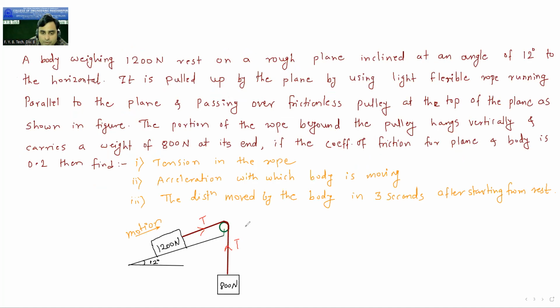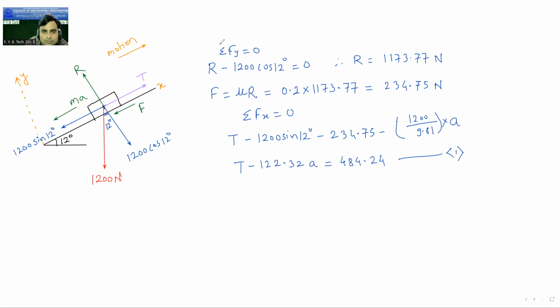Now consider the free body diagram of this 800 Newton block. Now the 800 Newton block I will draw. Here it is, the 800 Newton block. The center of the block is somewhere here.